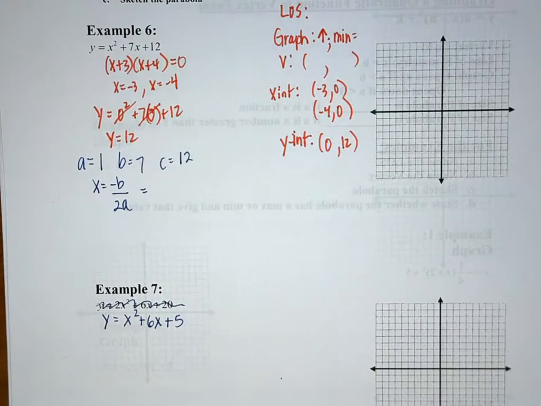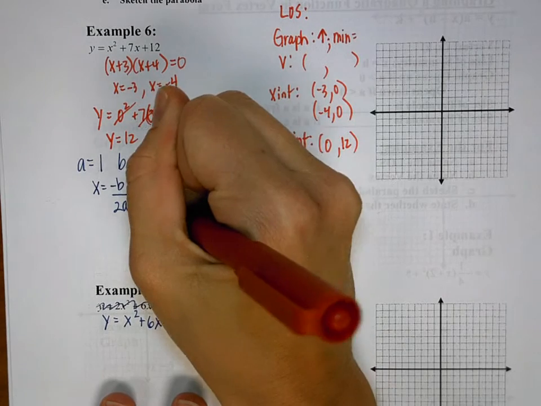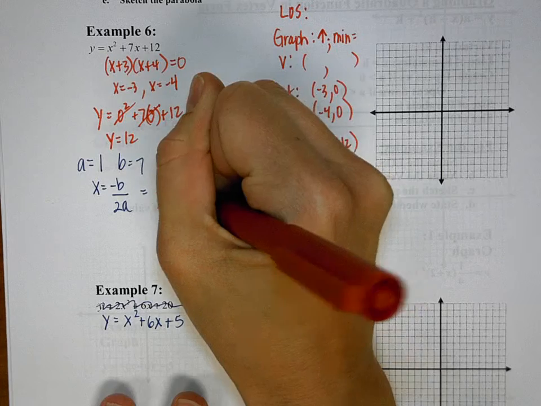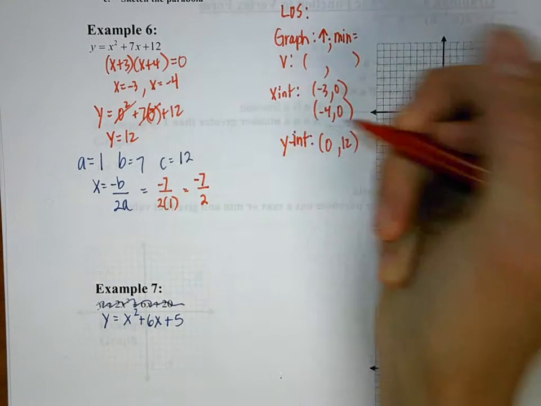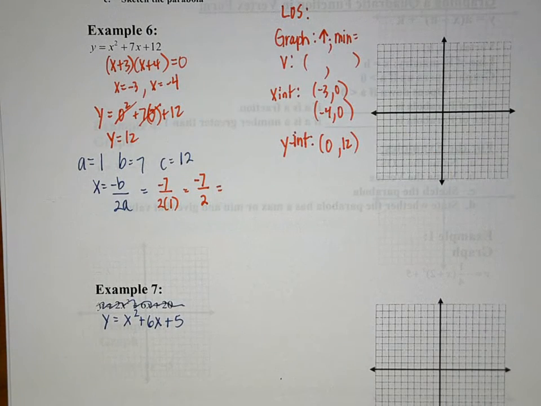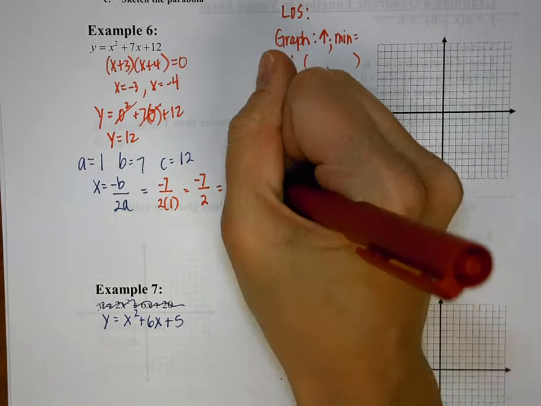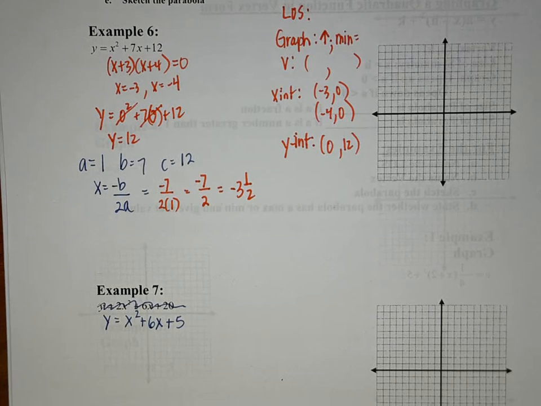So when I plug that information in, -b will end up being what? -7 over 2 times 1, which makes -7 over 2. If I change that to a mixed number, what's it going to be? -3.5, because 2 goes into 7 3 times with 1 left over, right?